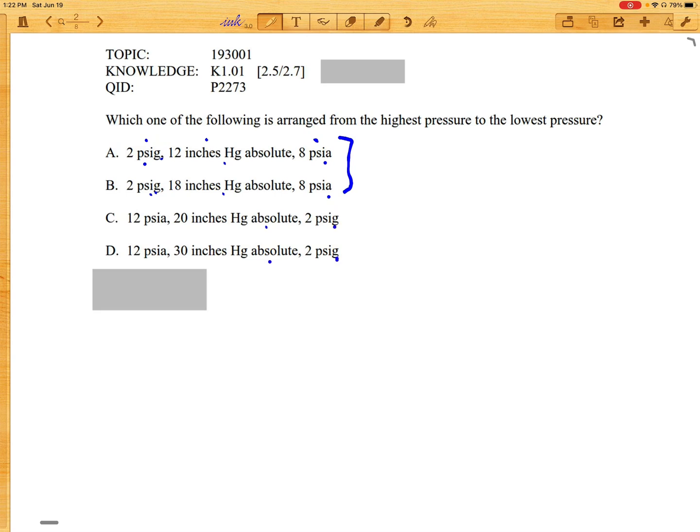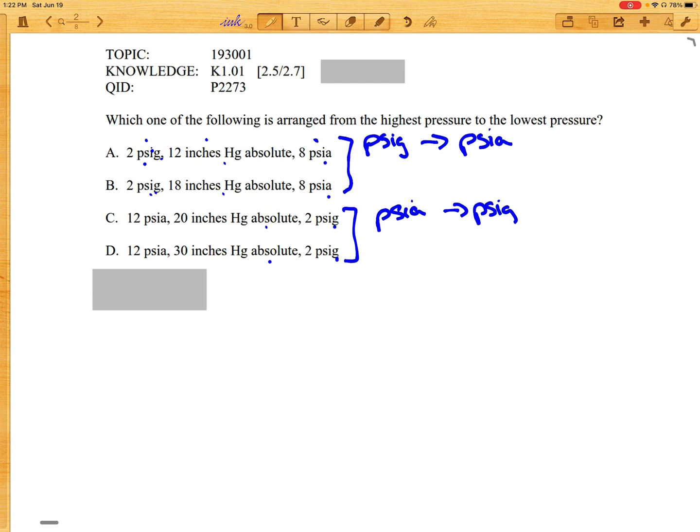All right, so right there. This is going from psig to psia. And this one's going psia to psig. All right, so that's what I can tell from reading the answers and the numbers.